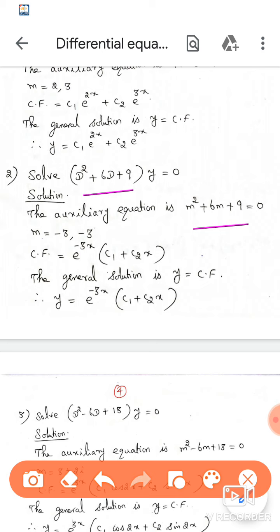The general solution is y is equal to complementary function. Since the right hand side is 0, there is no particular integral. Therefore, y is equal to e power minus 3x (c1 plus c2 x).